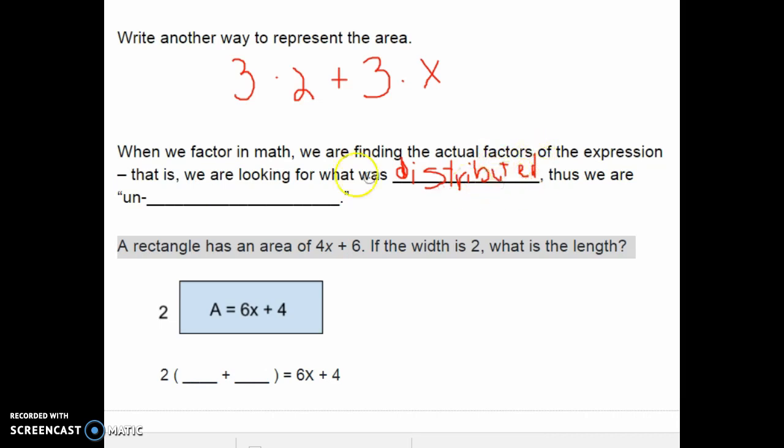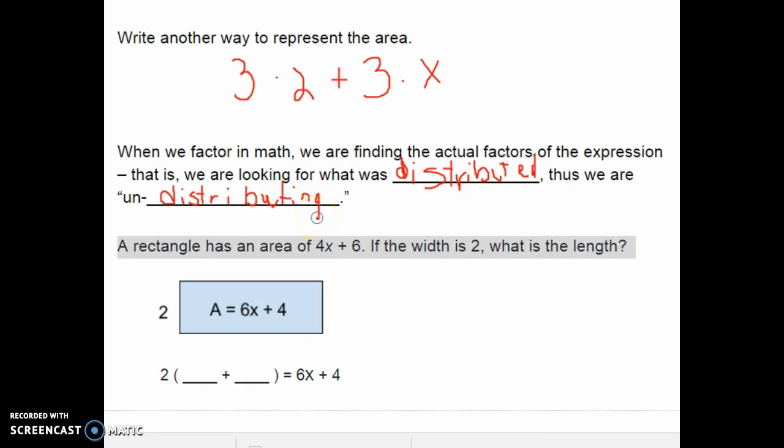Thus, we are undistributing. It's kind of fun, undistributing. Hopefully you're writing faster than me and maybe a little neater. It's not really a word.